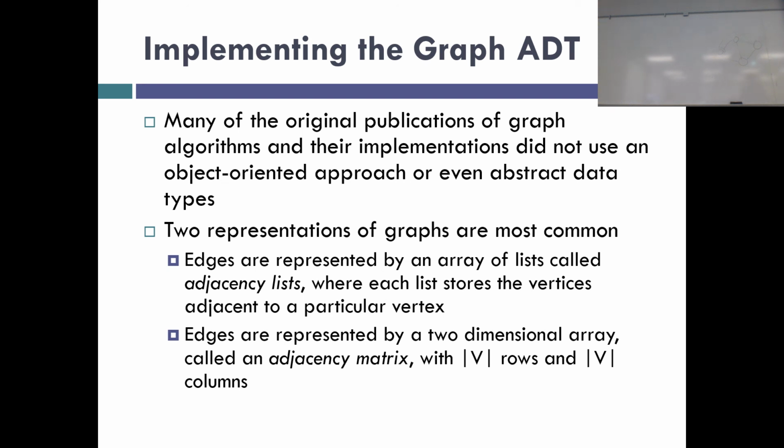And remember, if you have v vertices, each vertex can have a connection to each of the other v minus 1 vertices. It's also technically possible for a vertex to have a connection with itself.